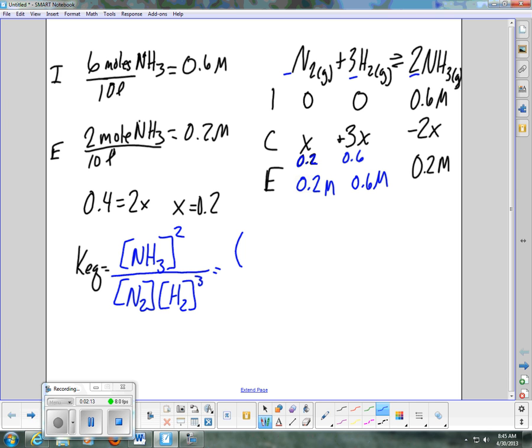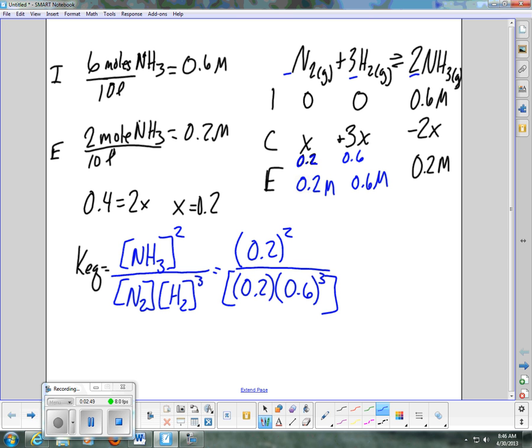So I'm going to have 0.2 squared divided by 0.2 times 0.6 cubed. Now make sure this is all together on the bottom, because if you don't put a parenthesis around it all the way, or put it in first and do 1 over x, so all of it goes on the bottom, you're going to end up timesing by this on the top. So go ahead and plug that through.